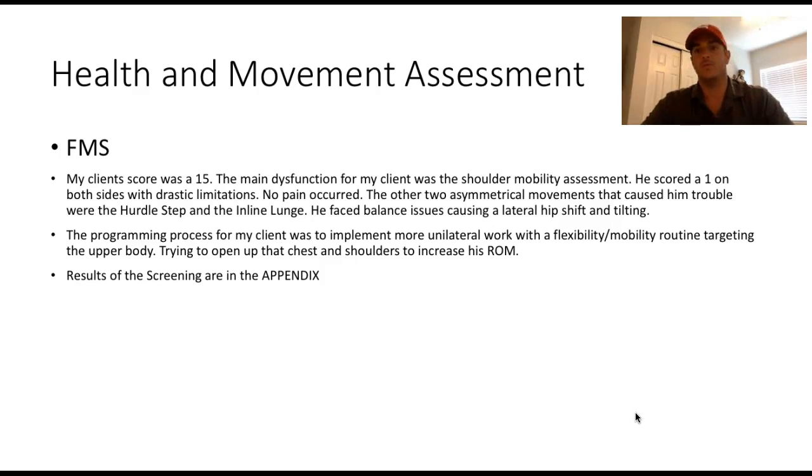The other two asymmetrical movements that caused him trouble were the hurdle step and the inline lunge. A lot of loss of balance there, creating a lot of hip tilts, hands coming off his hips, creating a lot of anterior forward tilting, stuff like that.